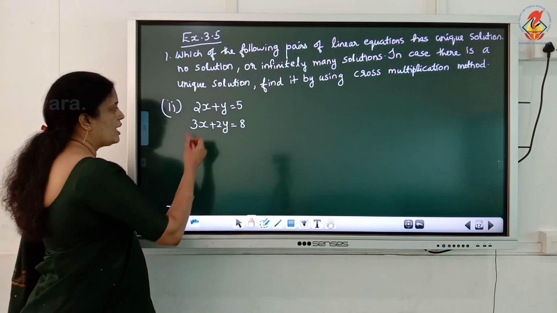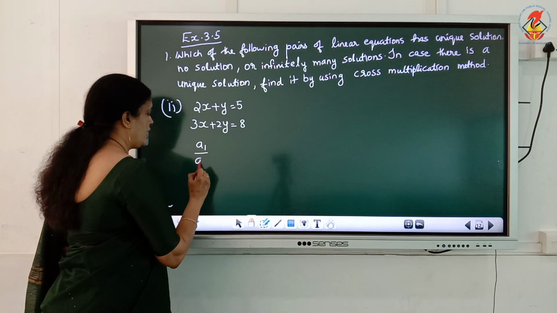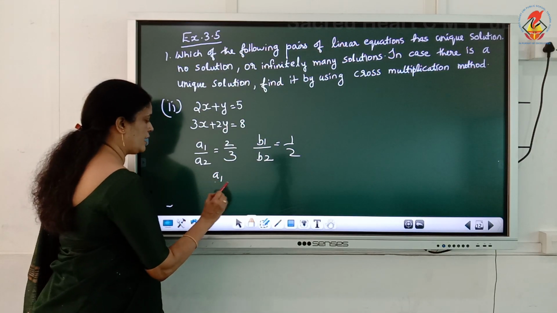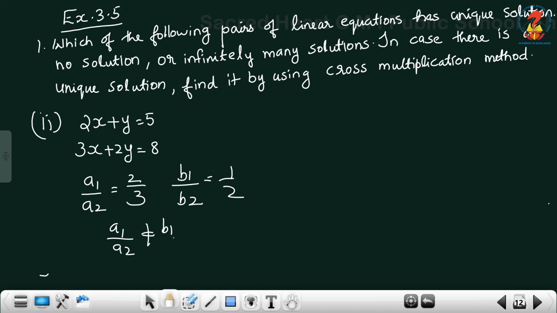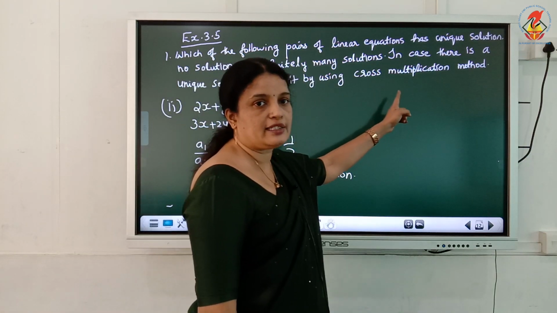First we have to check a1 by a2 and b1 by b2. a1 by a2 equal to 2 by 3. b1 by b2 is 1 by 2. That means a1 by a2 not equal to b1 by b2, so it has a unique solution. Definitely you should find out the values of x and y by the cross multiplication method.